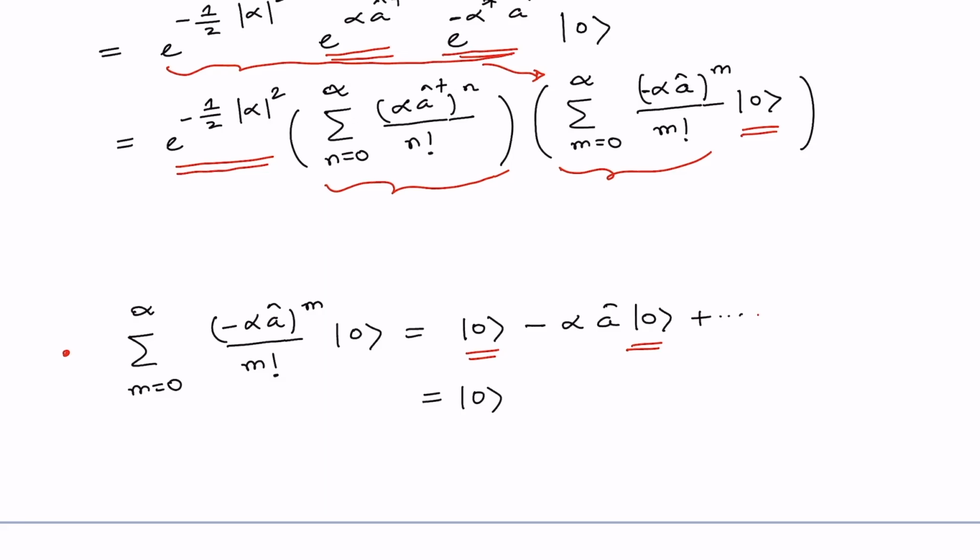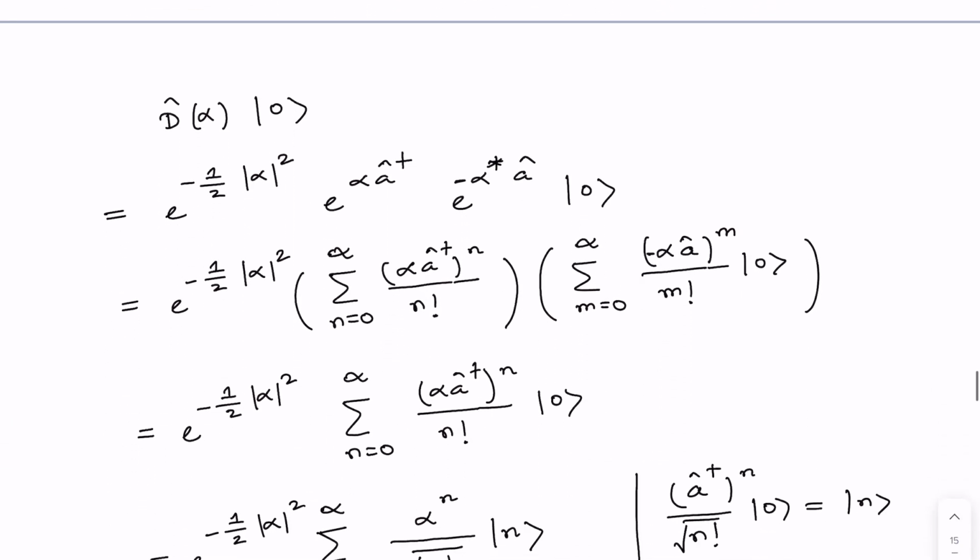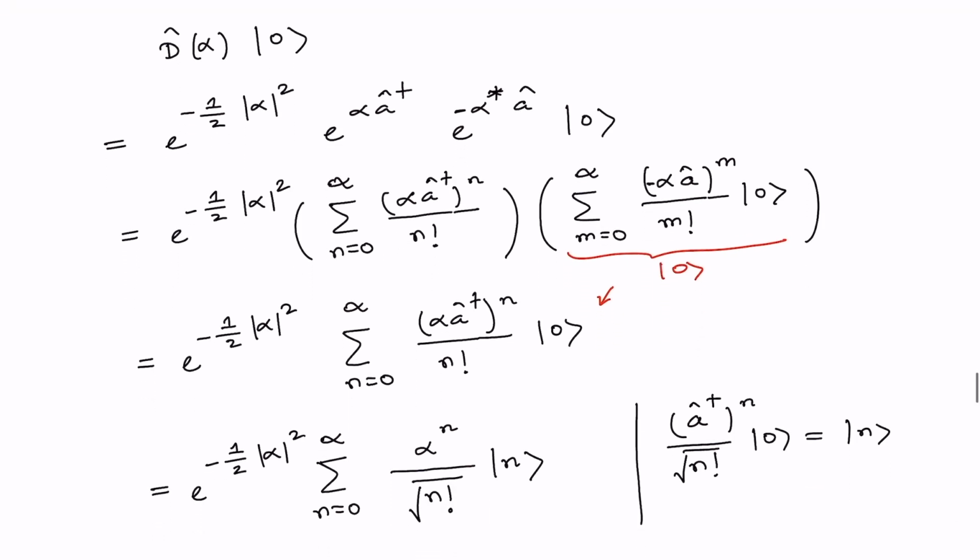But as you know, the annihilation operator applied on the ground state is going to give you 0. Similarly, all the higher order terms will go to 0, and you will be left only with |0>, and from here you get this particular step.